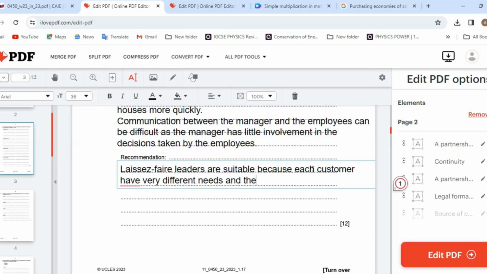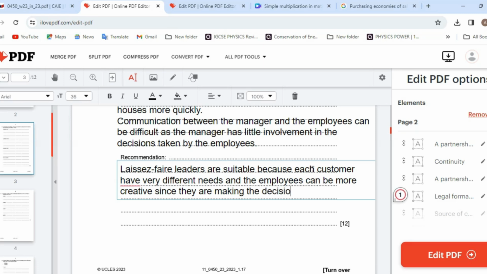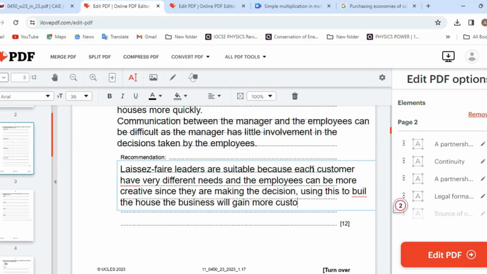Employees can be more creative since they are making the decision, and using this to build the house, the business will gain more customers.